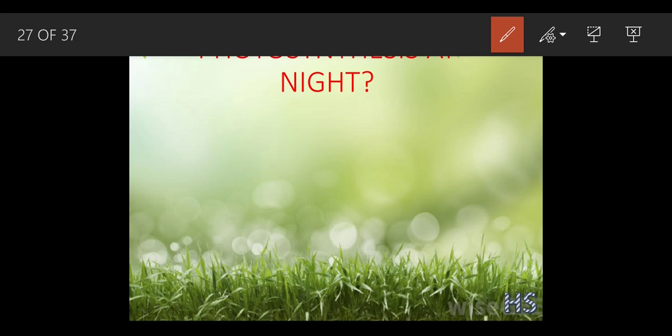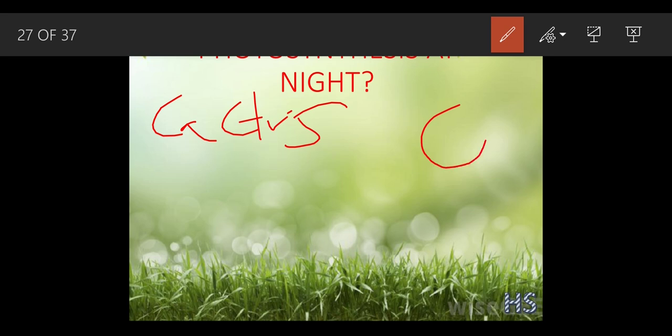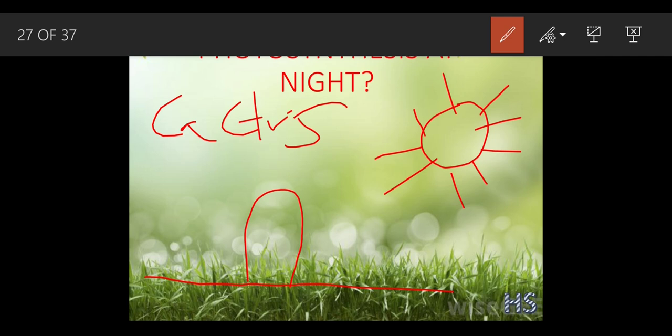Let's talk about a desert plant, that is cactus. So what happens in a cactus? See, we know that there is a lot of sunlight in the desert areas. So this cactus gets a lot of sunlight.